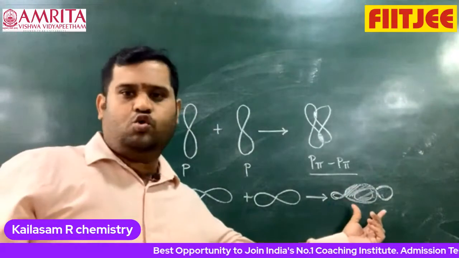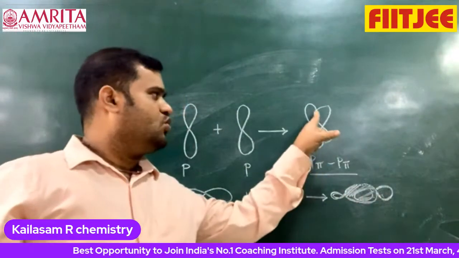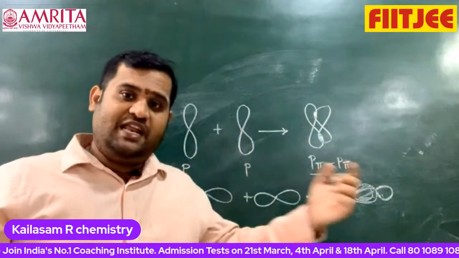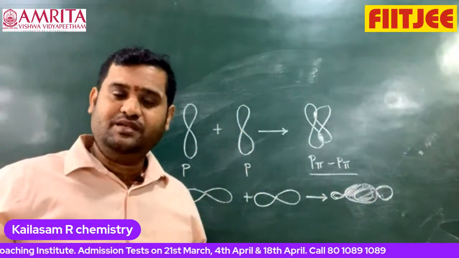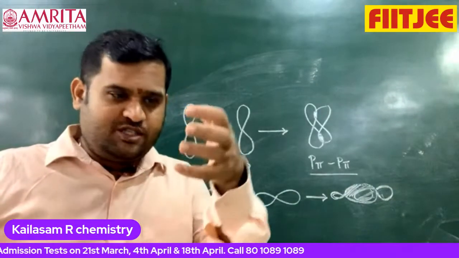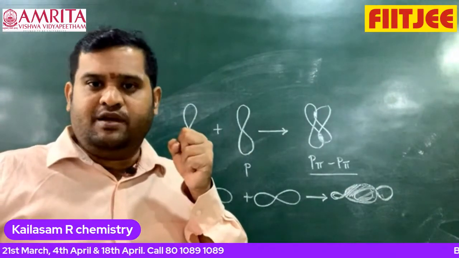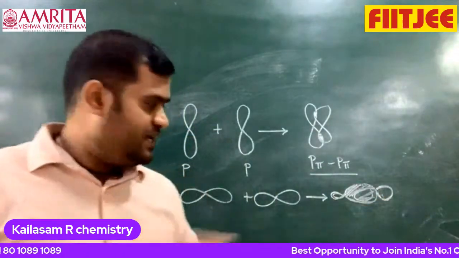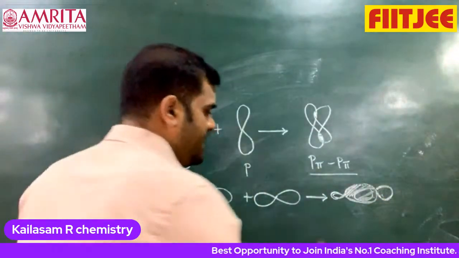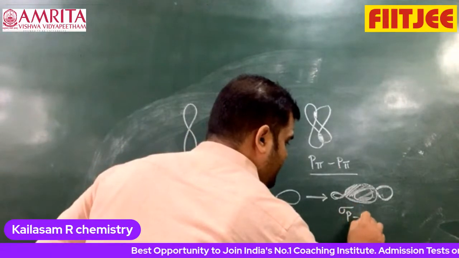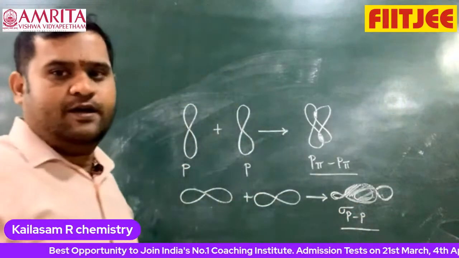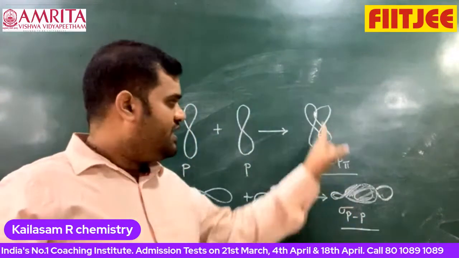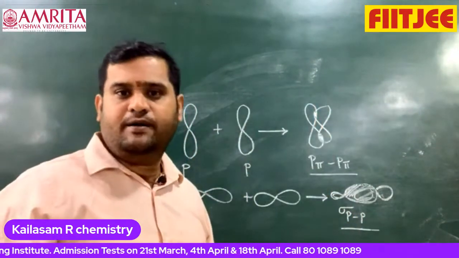This is the overlap of sigma bond. This is the overlap of pi bond. Where is the maximum overlap? At the maximum overlap, the electron density is more. When the electron density is more, the nucleus is strongly attracted, which means the bond is very strong. That means this is sigma PP. Now the PP sigma bond is stronger than the PP pi bond. Why? The overlap is minimum in the pi bond.